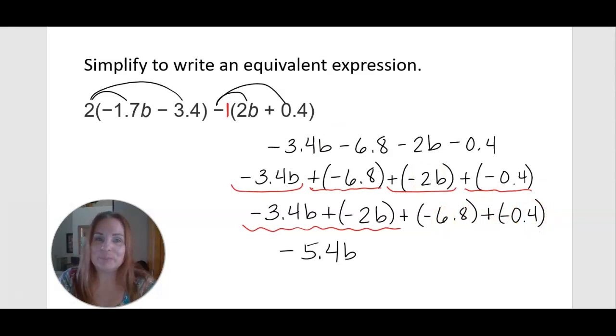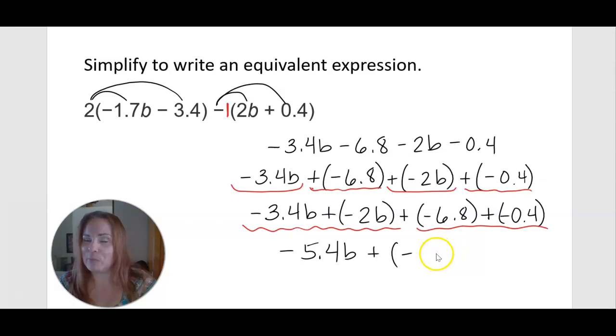And then over here, kind of the same thing, right? I've got 6.8 on the negative team, 0.4 on the negative team. So I combine them and I get -7.2. Did I do my addition right, you guys?